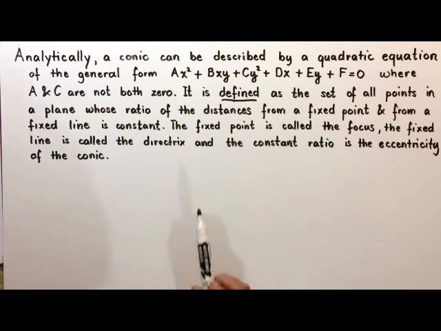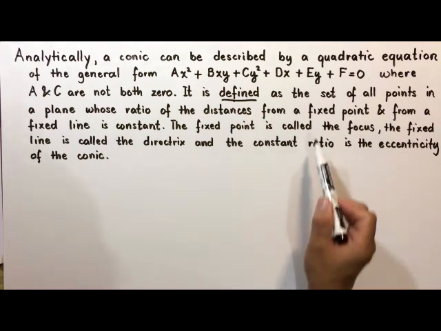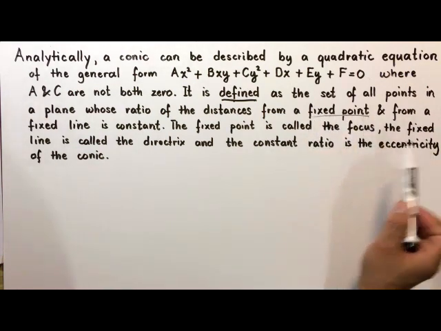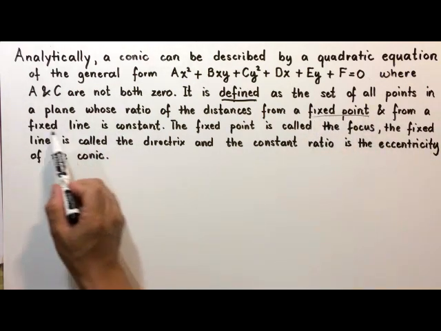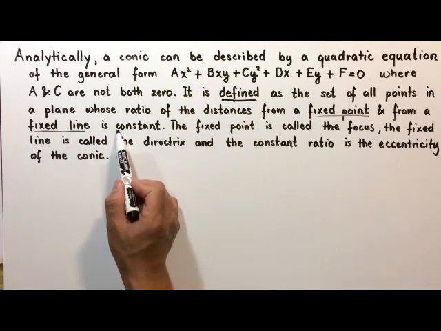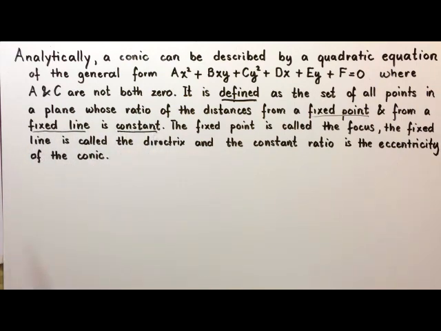To continue, it is defined as the set of all points in a plane whose ratio of the distances from a fixed point and from a fixed line is constant. The fixed point is called the focus, and the fixed line is called the directrix. And the constant ratio is called the eccentricity of the conic.